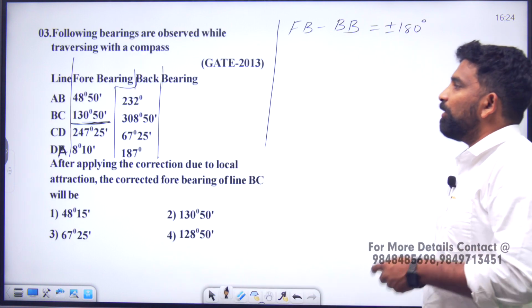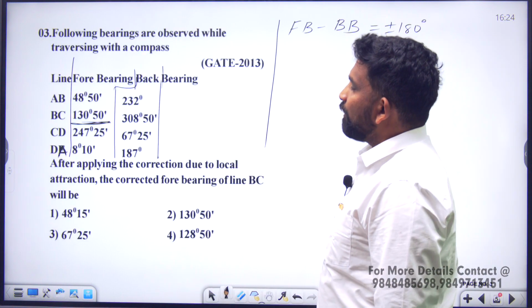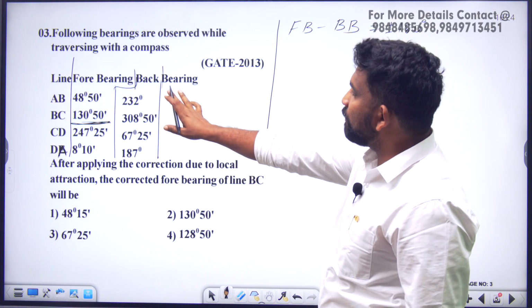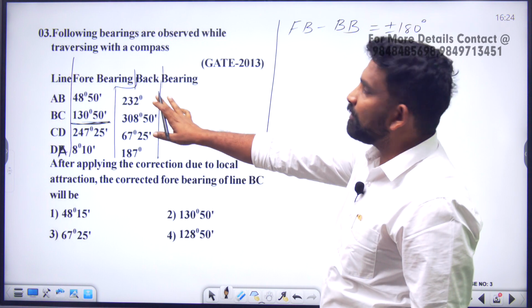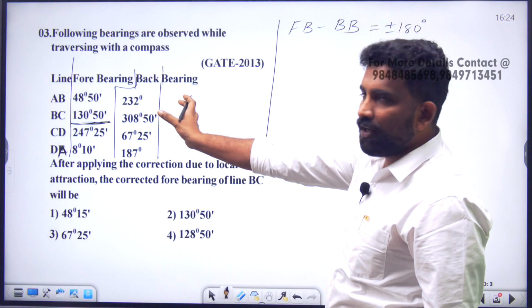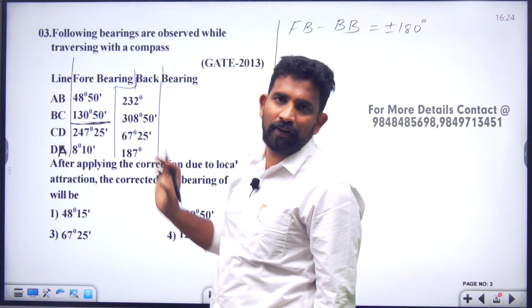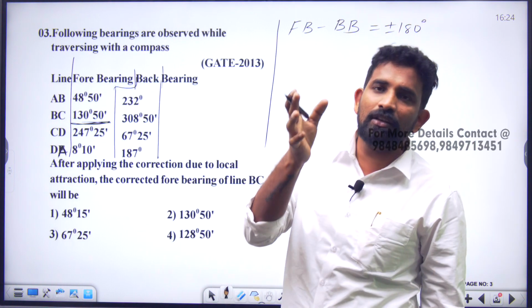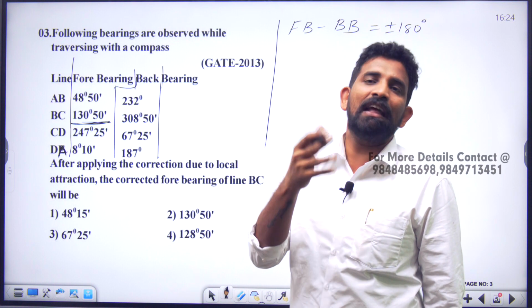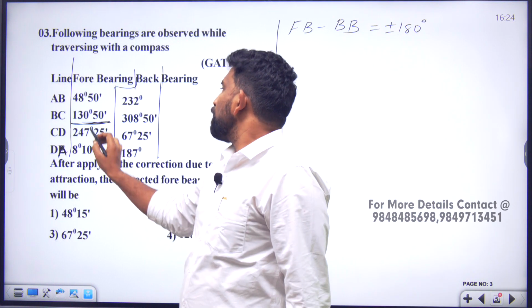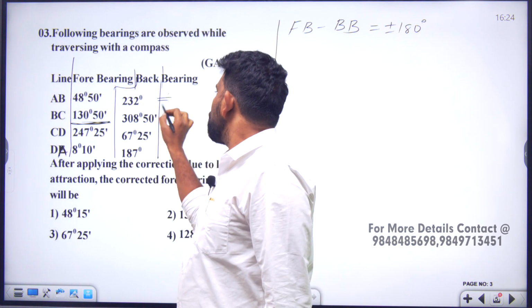Now see here, the difference between forebearing and back bearing has to be 180, but here you can see that for some lines, A B, B C, C D, D A, some lines are not having a difference of 180 degrees. That says that there is a local attraction, that there is an error in the reading that we have taken. Here the difference is not 180.